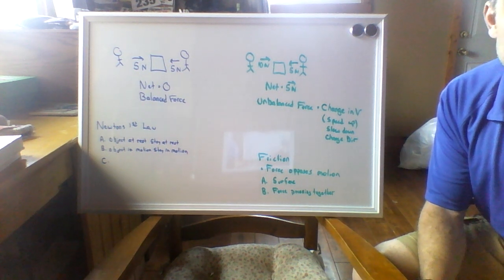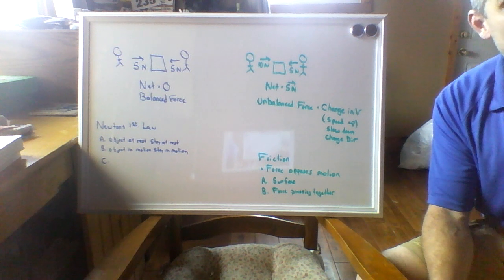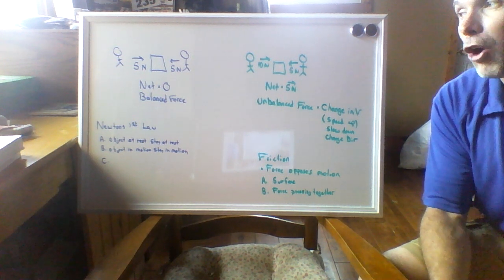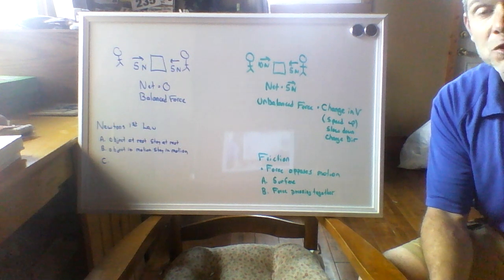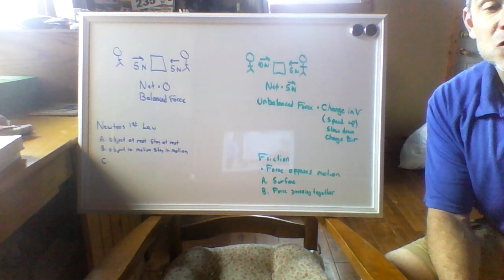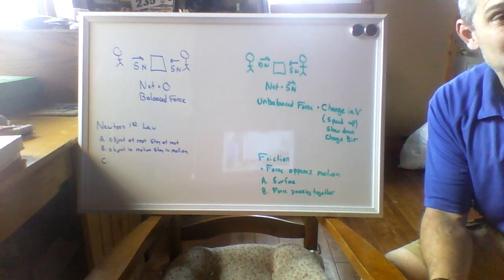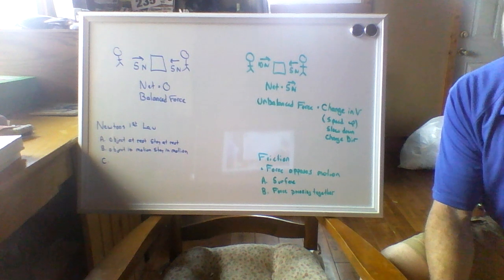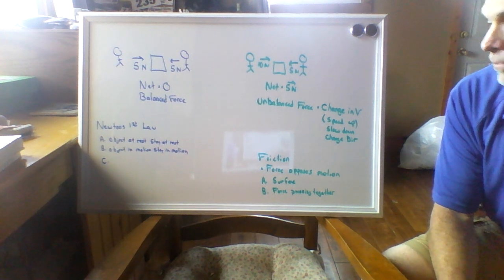Could be the force of air resistance, could be the force of someone picking it up, or running into the wall. Those would all be unbalanced forces that would cause that to stop from moving. So in theory, if we were to put that in a vacuum and eliminate friction, we would be able to have that ball continue rolling forever.